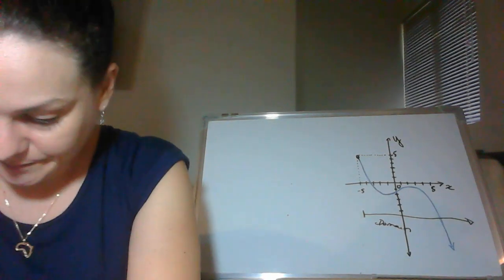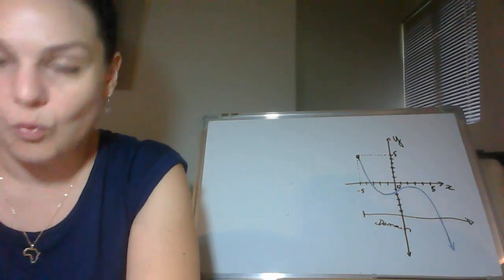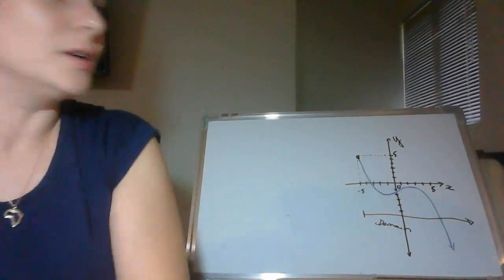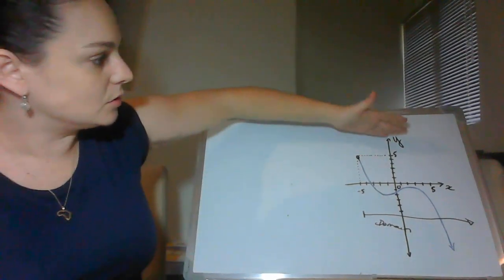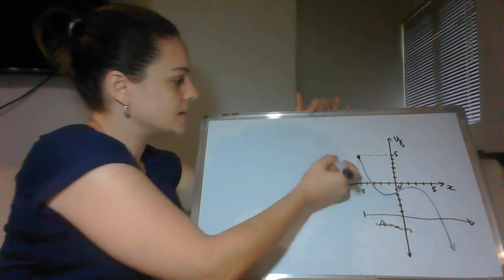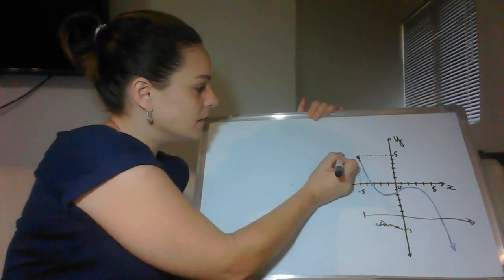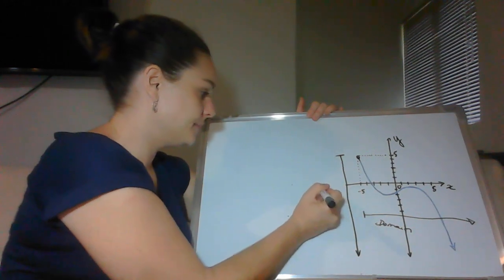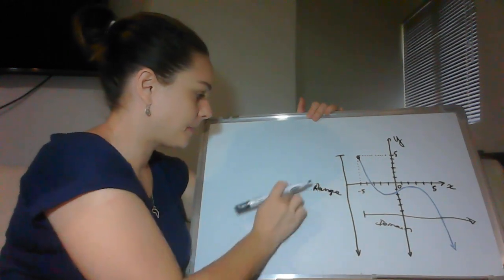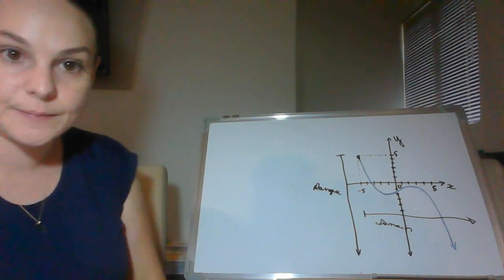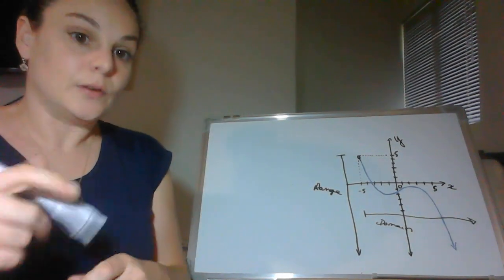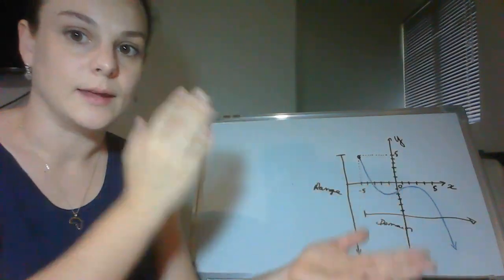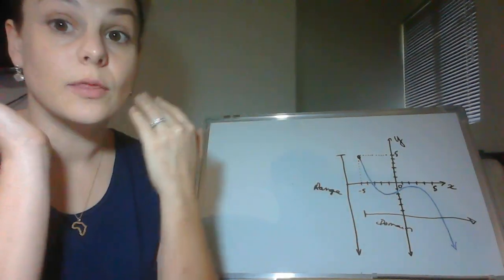The range is the interval of the y-axis where the function exists. So here it's the same thing, but you look at the y-axis. Where does it exist? From here down. That's the range. Alright. So the only thing you have to remember is domain on the x, range on the y.